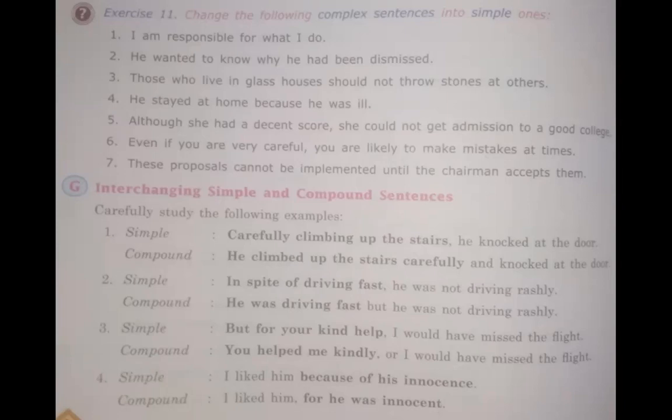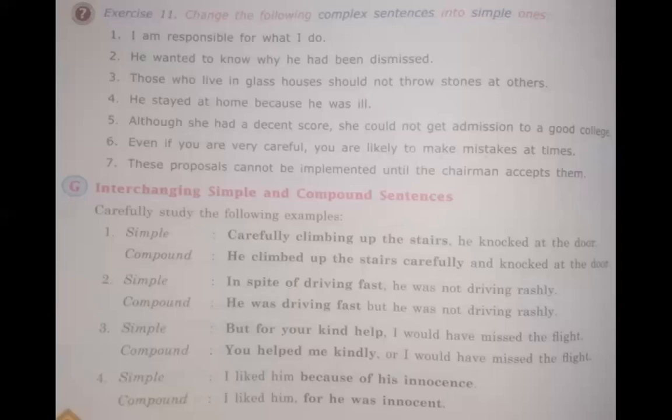That's he. When you are framing a compound sentence, he will become the subject of both the clauses. Climbing up the stairs is a matter of the past, because he knocked at the door gives us the information that the sentence is in the past. So climbing will be changed into past: He climbed up the stairs carefully.